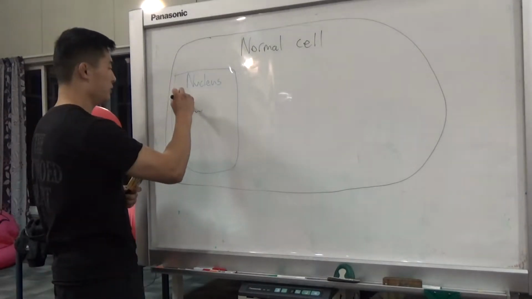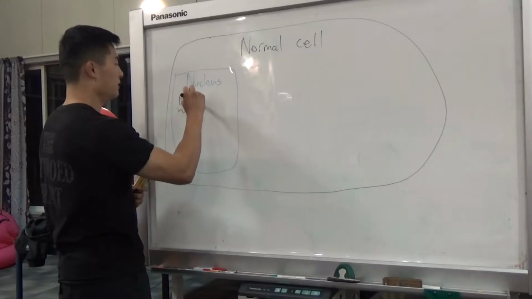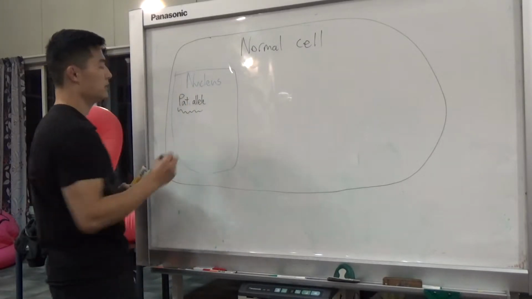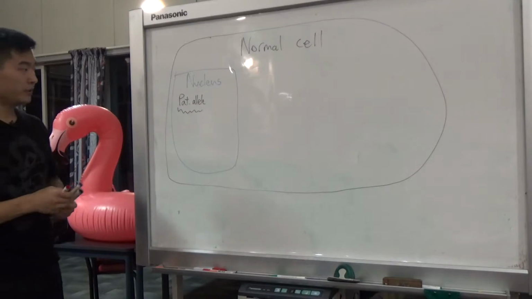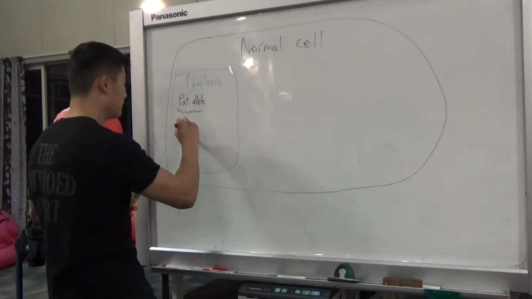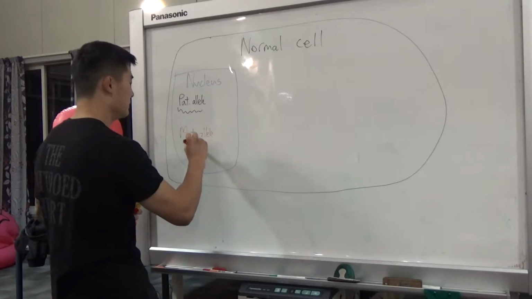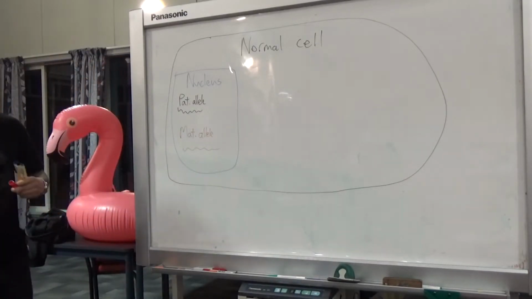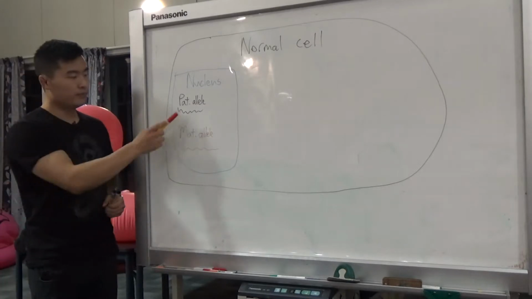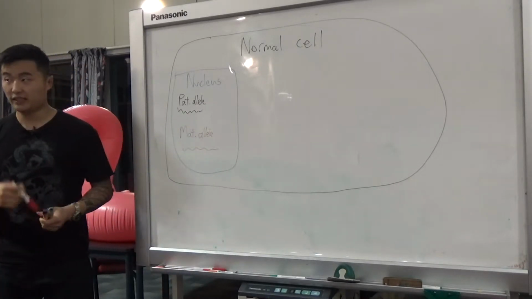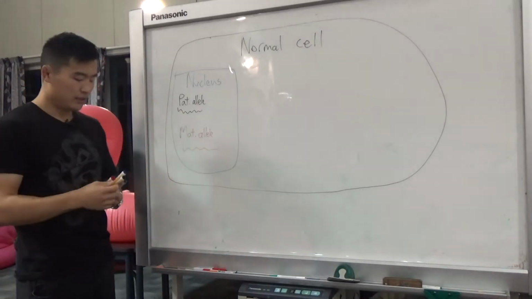So let's say this is your paternal allele, and then you're also going to have a maternal allele, and these are both coding for the same gene or the same protein.